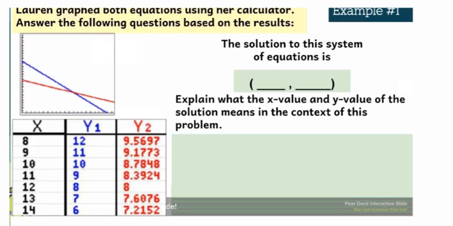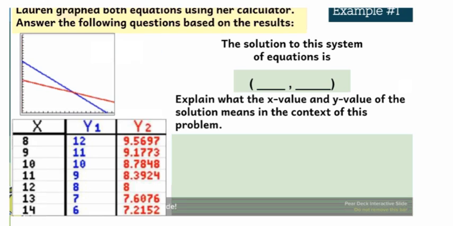All right, so let's keep going with this example. It says, Lauren graphed both equations using her calculator. Oh, look, she did all the work for us. Good job, Lauren. Answer the following questions based on the results. The first part wants us to find the solution to this system of equations. So let's look at her graph.